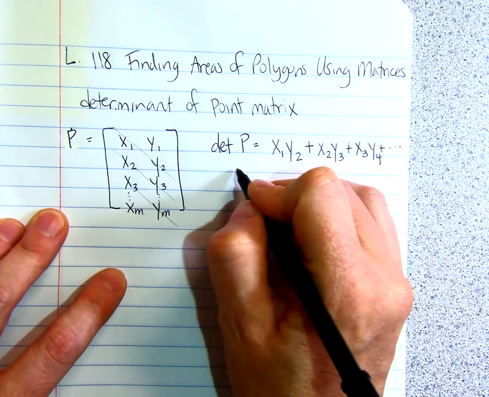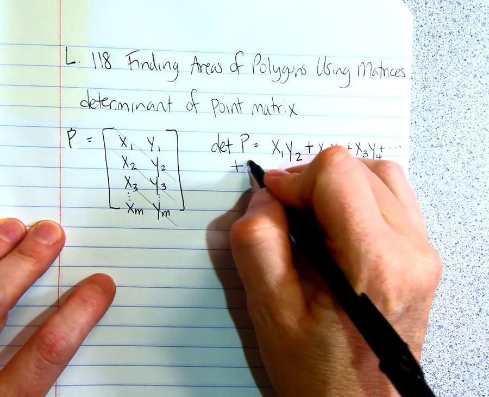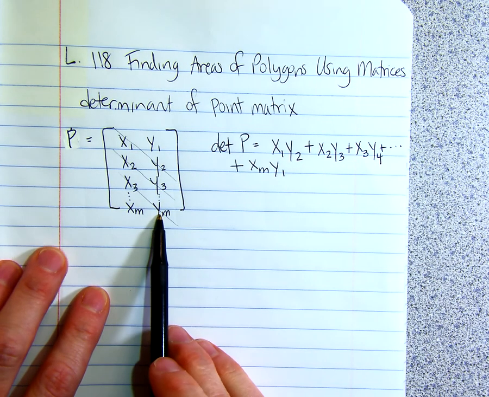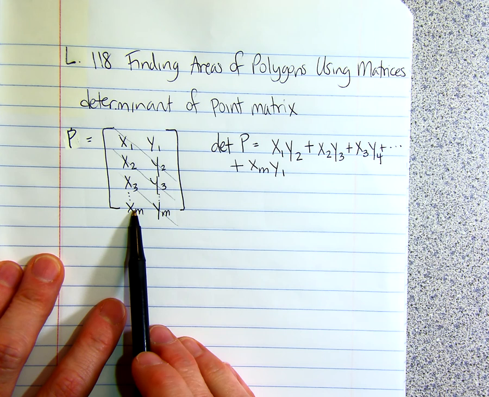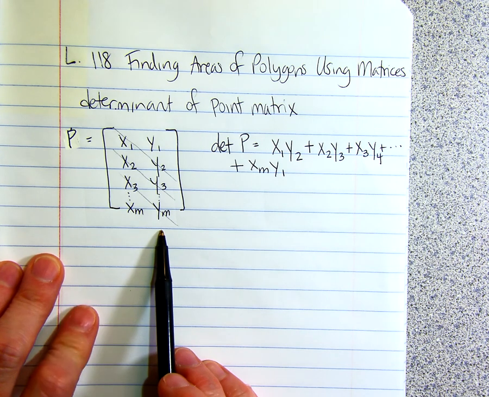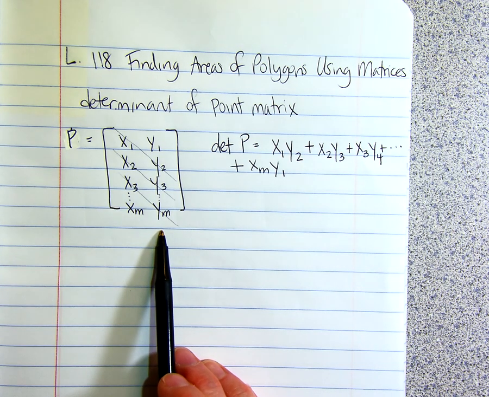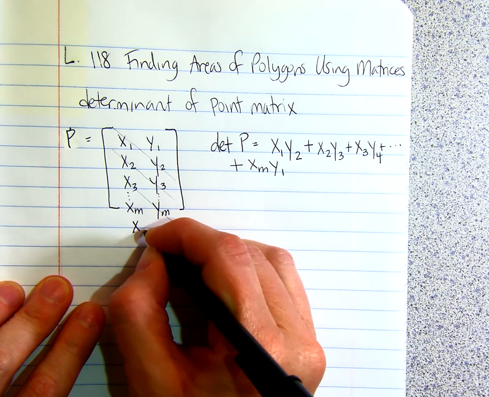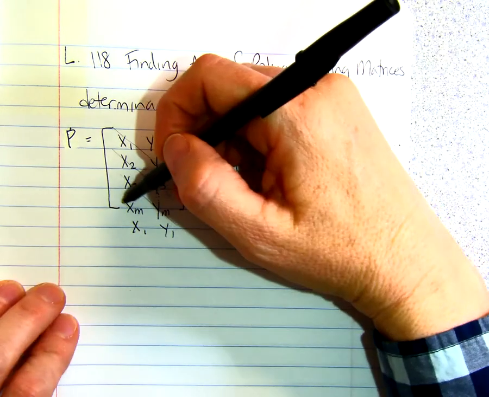The last one you add is x sub m times y sub 1. I recommend you rewrite the top line underneath your matrix so you remember to end right there.